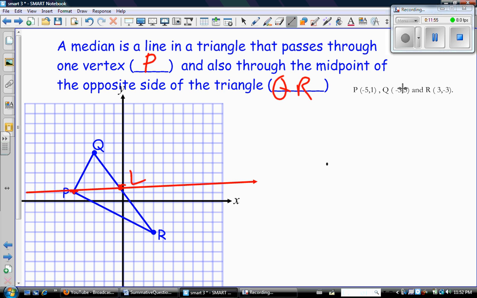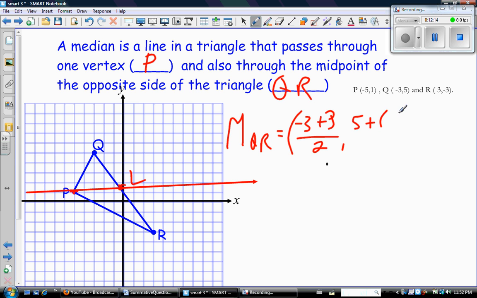So I know the coordinates of P. I don't know the coordinates of L. Let's find them. So the midpoint of QR: x1 plus x2 divided by 2, y1 plus y2 over 2.